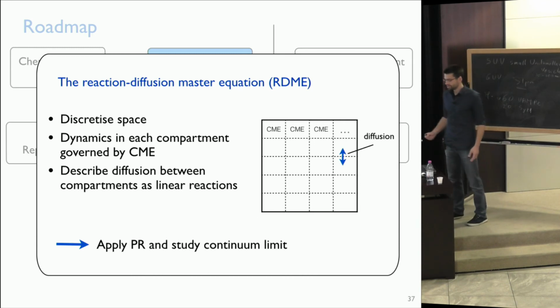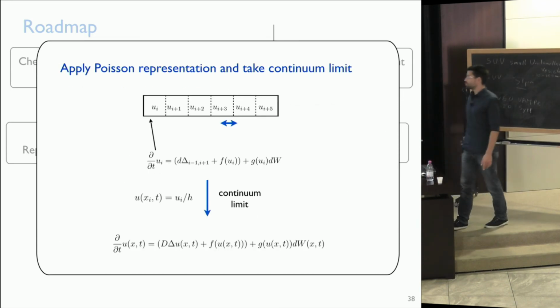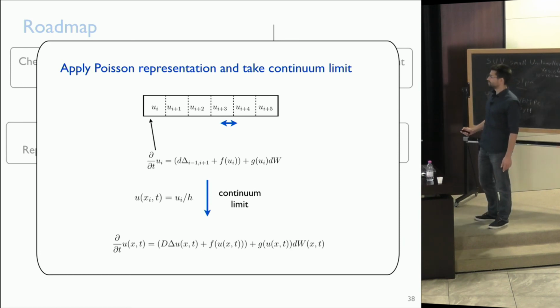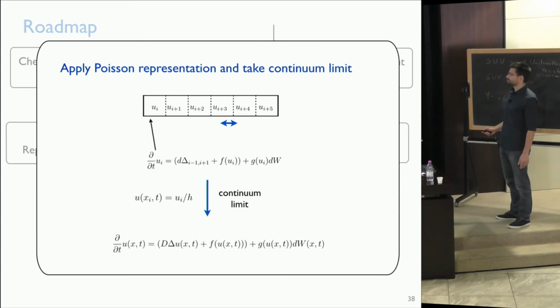And that's what he did and studied the continuum limit. So let's look at a one-dimensional, one-species example. Suppose we have a one-dimensional interval discretized, and u_i is the Poisson representation variable in compartment i. Then we already said that the time evolution of this variable fulfills a stochastic differential equation.